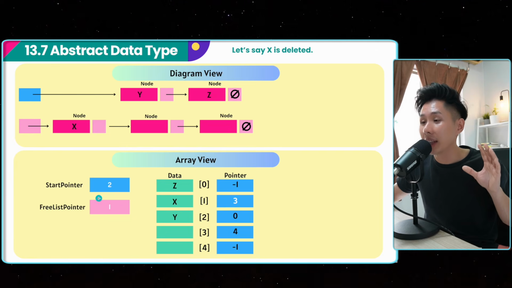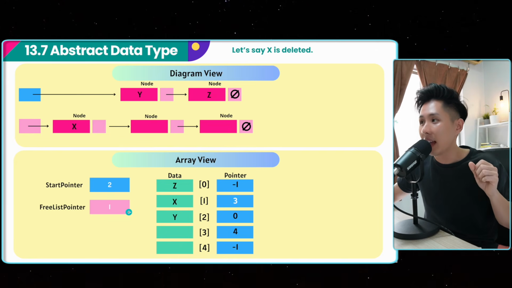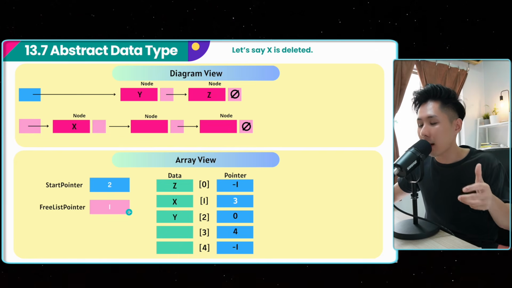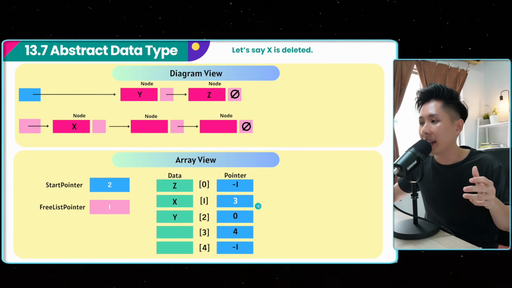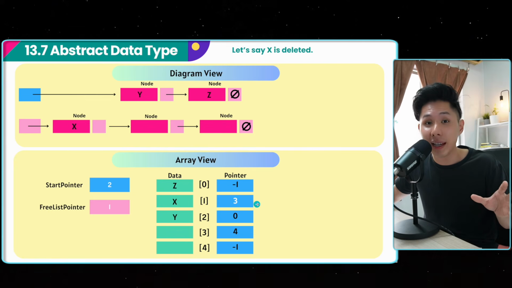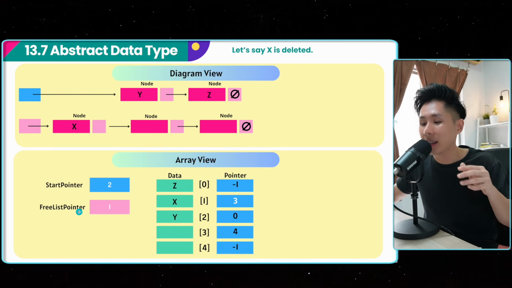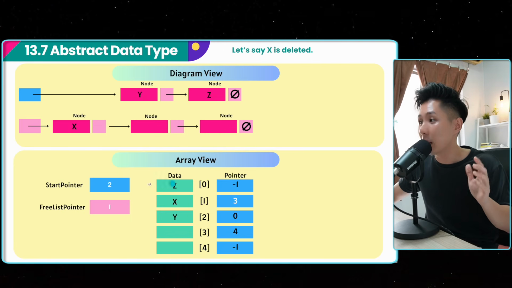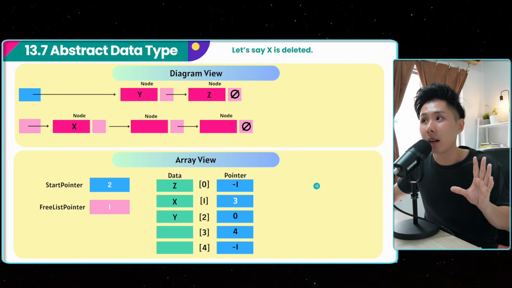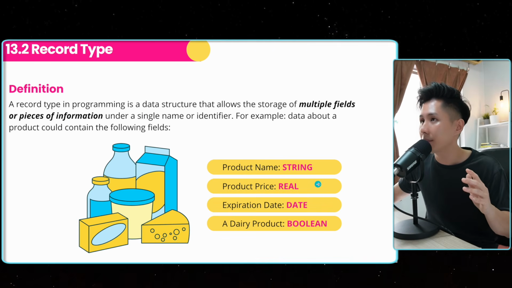So by just adding one more pointer, the algorithm will know which space we can use when a new node is added. That's the idea of a free list pointer: to point at an unused or available spot so that we don't waste any space when we are using the linked list.